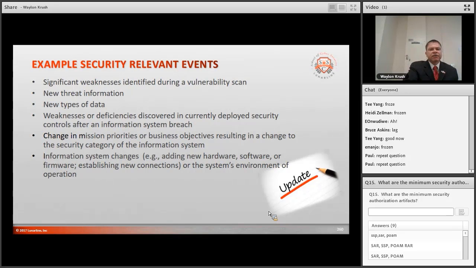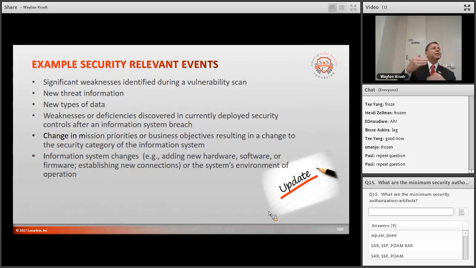Weakness or deficiency discovered in currently deployed security controls after an information system breach. So when you have a breach, that's security and privacy relevant. So you actually have to go and find out, first of all, this is another security impact analysis for the team to do. You look at it and say, okay, we have some controls that were either in place and not working as intended, or they didn't go to the rigor and depth enough to protect this system.